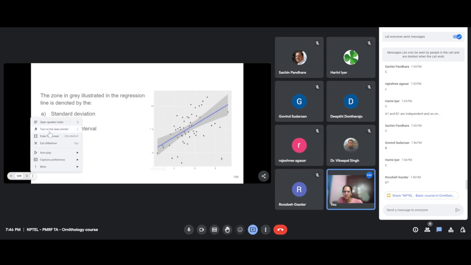For example, if I remove the points out here and if I remove the points out here, how will my line be? If I fit a regression line, it's going to go like this, right? Because that's going to be a best fit explaining the line.